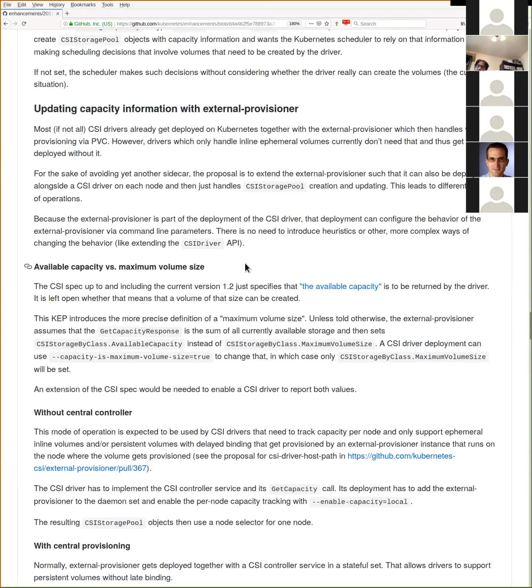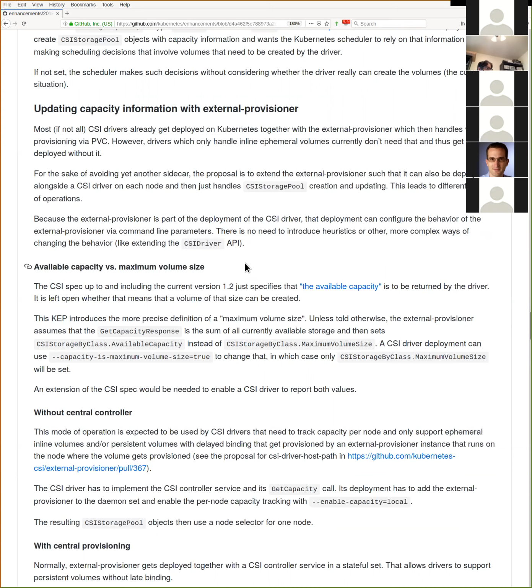Now I need to refresh my own memory again. So the CSI spec has this get capacity call, but it doesn't really specify in detail, in my opinion, what the available capacity means that is returned by the CSI driver. The cap proposes that this gets configured in the external provisioner, that the CSI driver deployment can basically specify in more detail what this value really means.